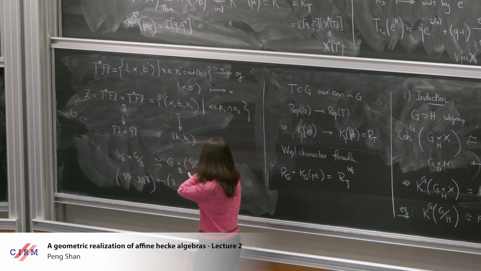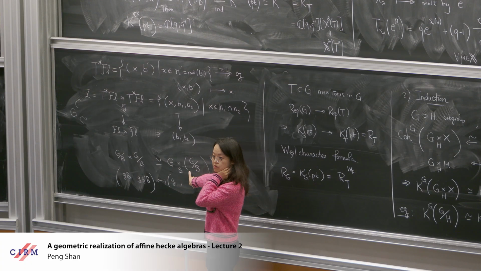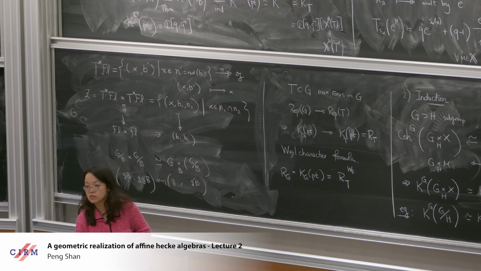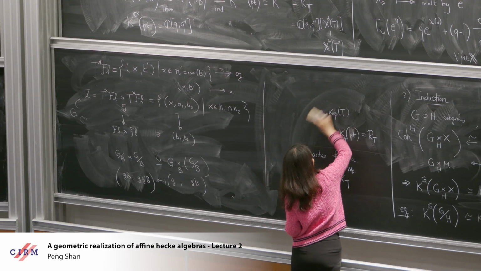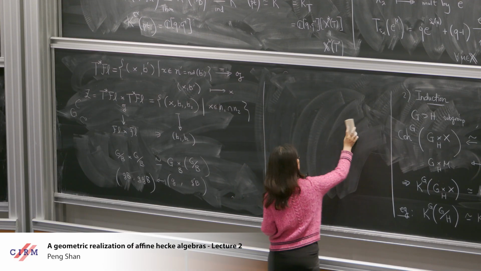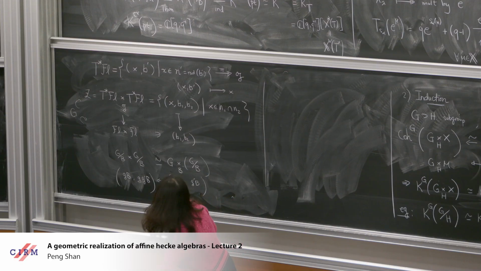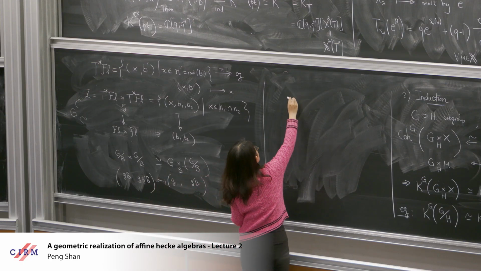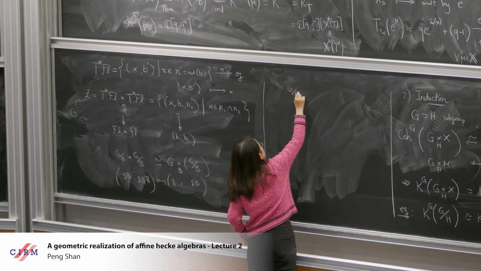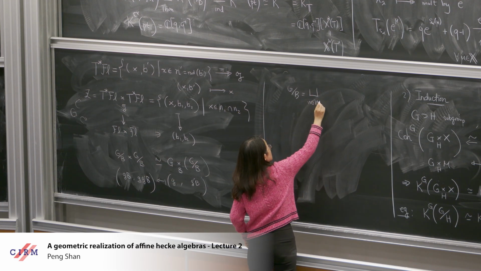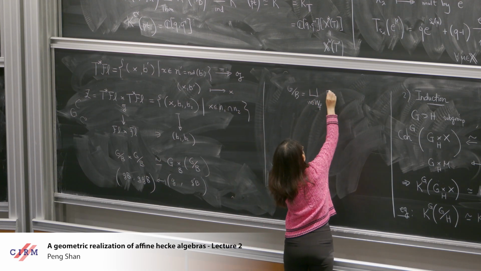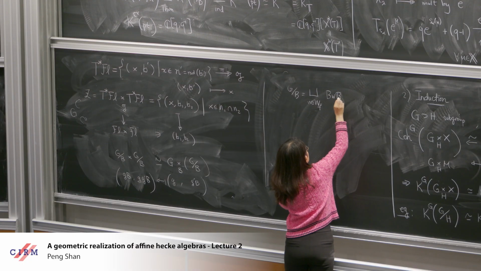And here we know what the B orbits look like on G mod B. This is the Bruhat decomposition we discussed yesterday. So the B orbits here are indexed by elements in a finite Weyl group.